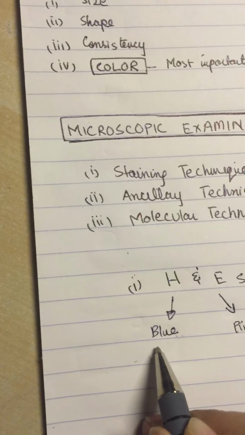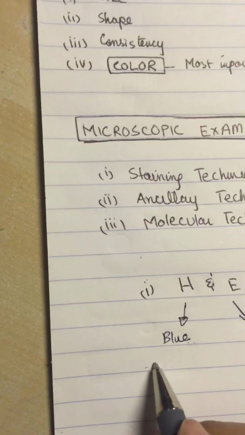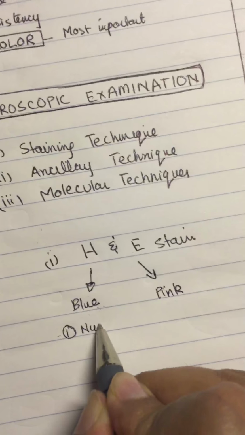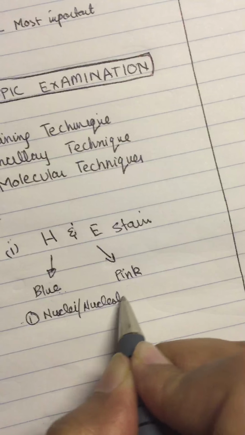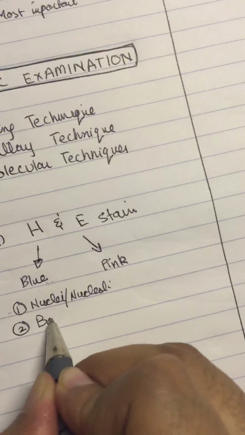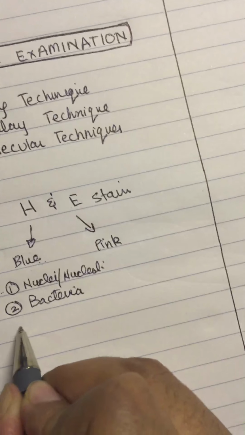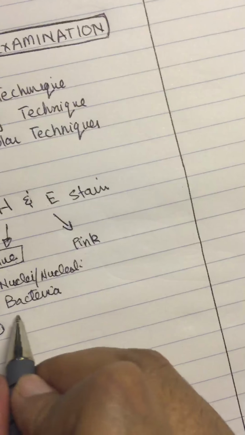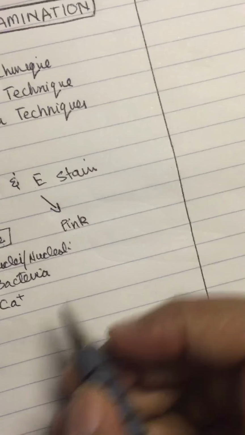We are going to remember them by the mnemonic NBC. They are nuclei or nucleoli. Then we have bacteria that are stained blue with hematoxylin, and then we have calcium that is stained blue.